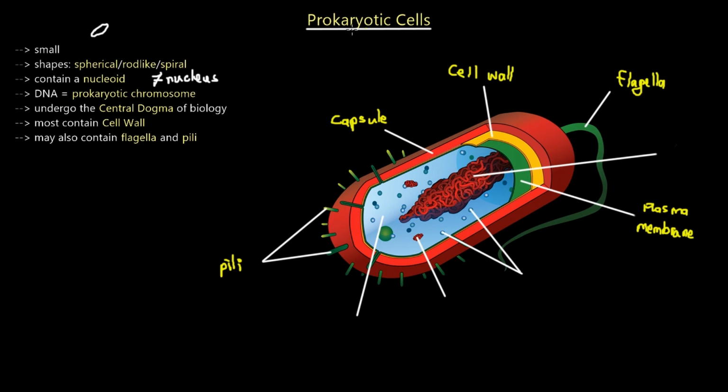Because this is a prokaryotic cell, it does not have a nucleus around it. So this convoluted structure of a prokaryotic chromosome is called the nucleoid. And that's the structure that I mentioned earlier.